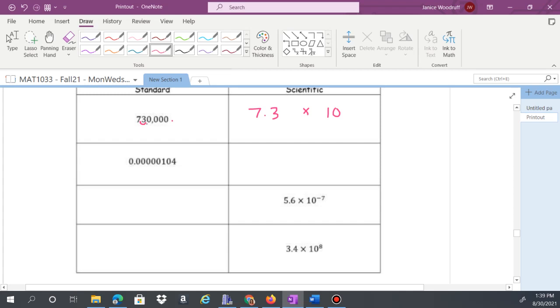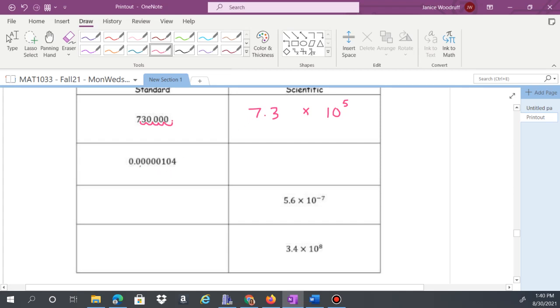So this goes 1, 2, 3, 4, 5 places, times 10 to the 5th. We want to count it from the standard to scientific form, going left to right. Okay, so I went right here, so it's a positive. Another way to look at that is if it's a big number, it's positive. If it's a small number, like a decimal, it's a negative.